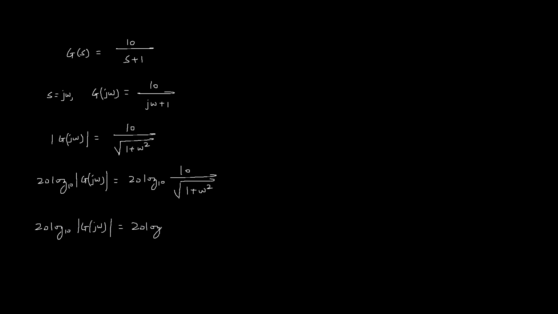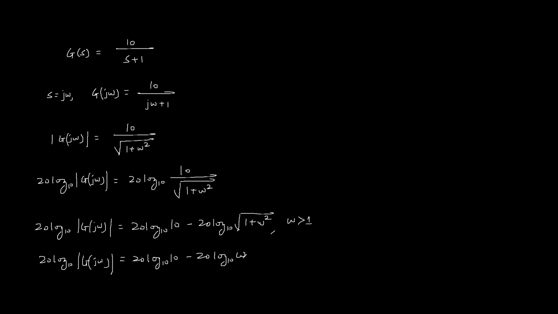In the right side we have 20 log 10 base 10 minus 20 log square root of 1 plus omega square. For asymptotic Bode plot, the second part exists for omega greater than 1. So after approximation, the expression becomes 20 log 10 base 10 minus 20 log omega base 10. Because omega is greater than 1, we can neglect this 1, and square root of omega square is omega.